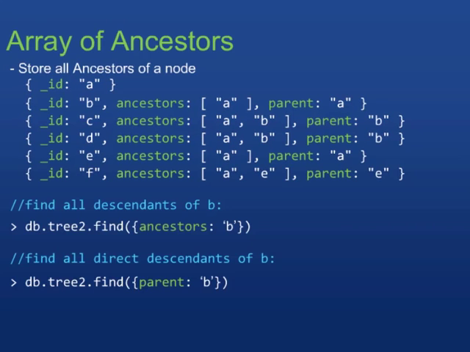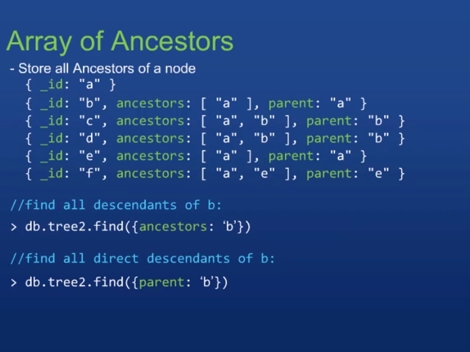For example, if I want to find all the descendants of B, I can say db.tree.find ancestors: B. Here we're leveraging that multi-key index where we can say, find me any document that has B anywhere in its ancestors list. So even people that are 10 children down from B will be included in those results.